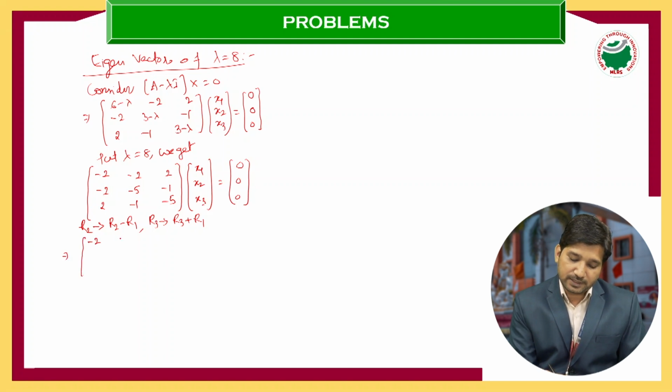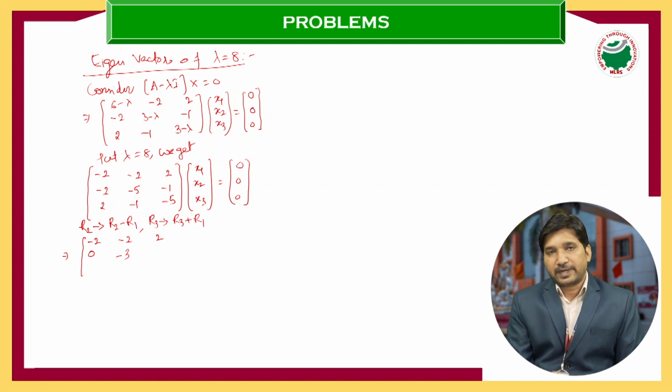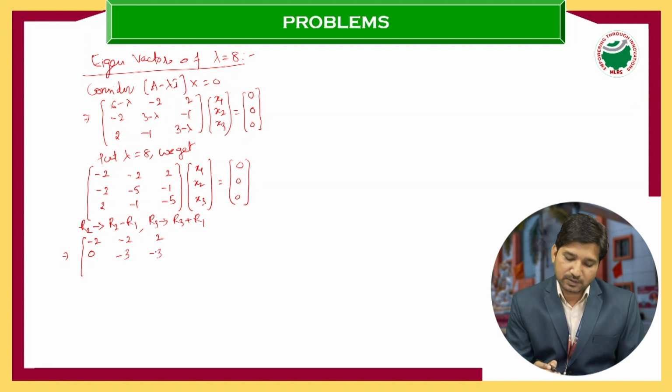We can write the matrix as minus 2, minus 2, 2. Minus 2, just subtracting, minus 2 plus 2, 0. Minus 5 plus 2, minus 3. Next, minus 1, minus 2, minus 3. And the third row, just adding r3 plus r1: 2 minus 2, 0.